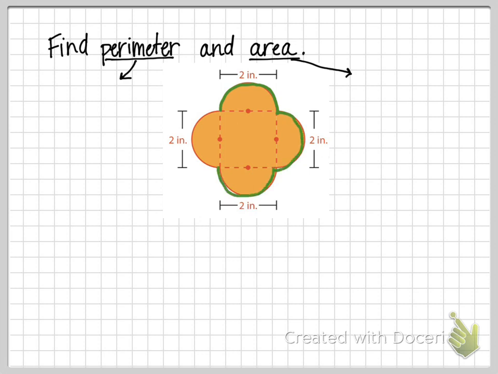So we've got all of these little semicircles, right? We basically have 4 semicircles that we need to just add up the distance, the circumference of these semicircles. So if we find one semicircle, let's say we just find this part of the semicircle, one semicircle.